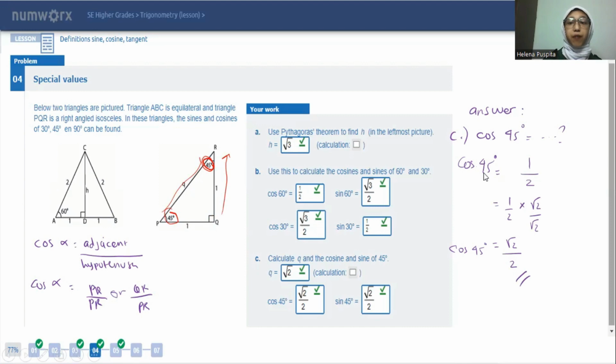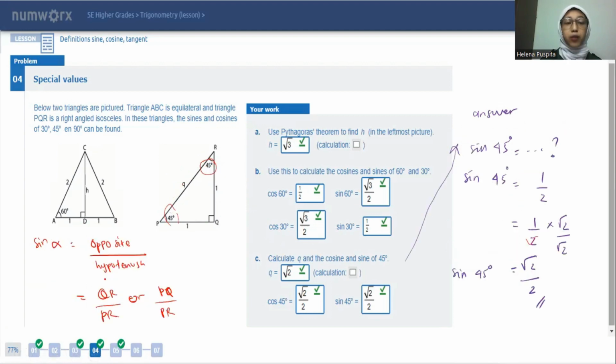Cos 45 degrees equals 1 over square root 2, times square root 2 over square root 2. We find the solution is cos 45 degrees equals square root 2 over 2, because square root 2 times square root 2 is 2.